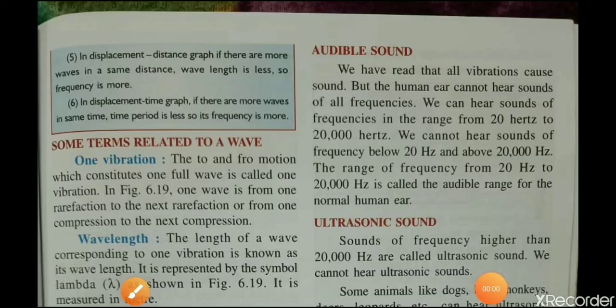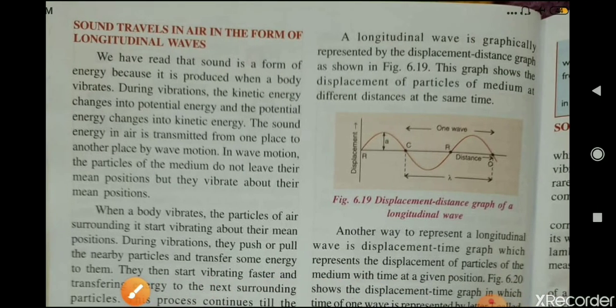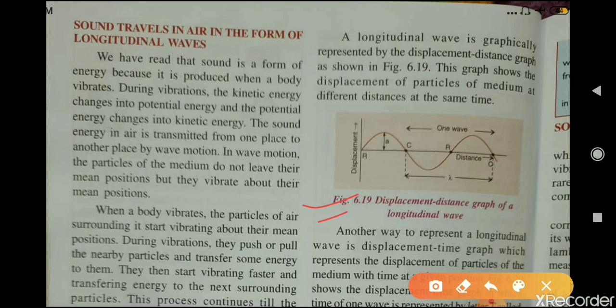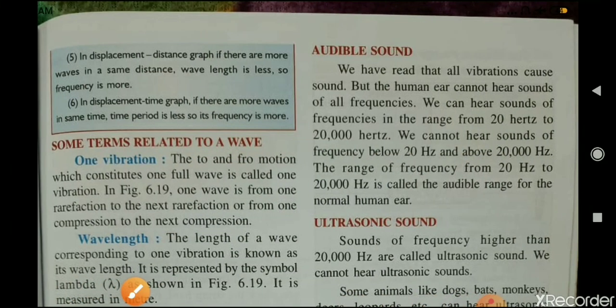Fifth, in a displacement distance graph, if there are more waves in the same distance, the wavelength, that is the distance between waves, is less, so the frequency is more.